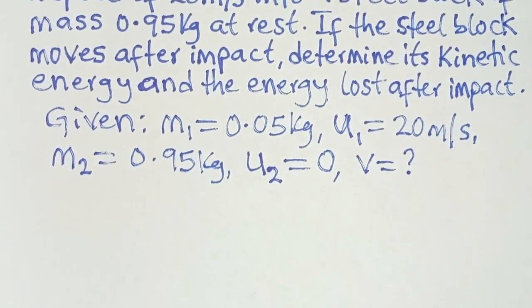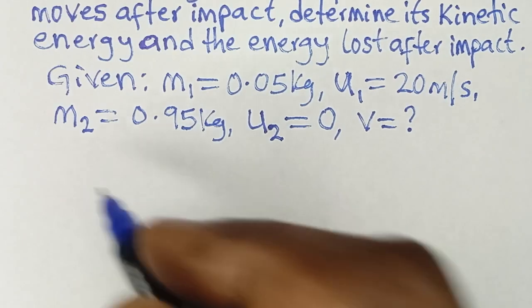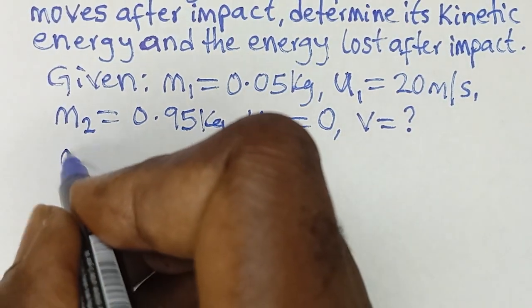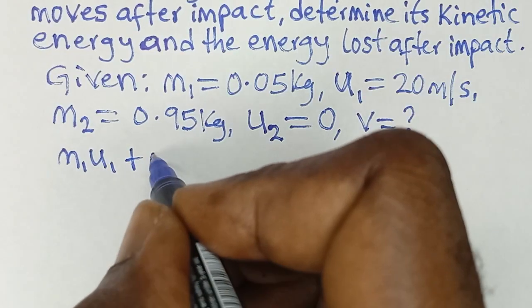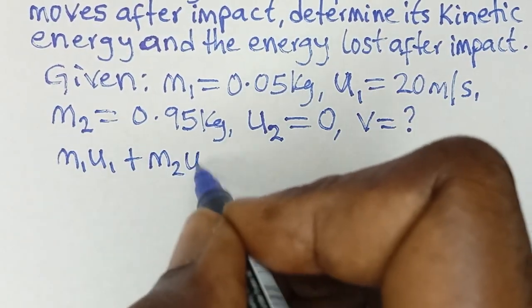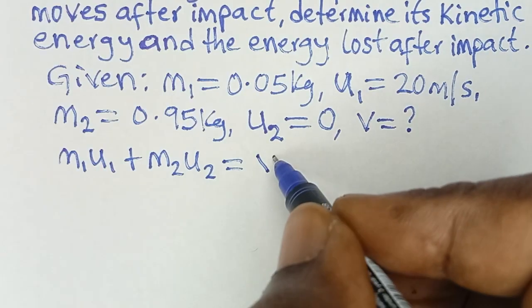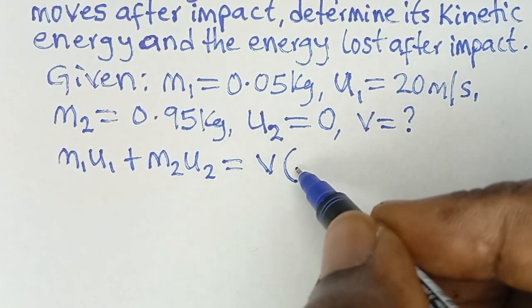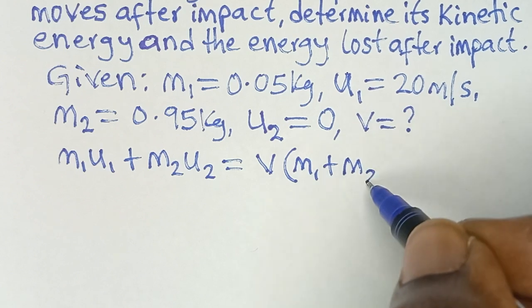So now let's use the collision formula, that M1 U1 plus M2 U2 is equal to the final velocity multiplied by M1 plus M2.